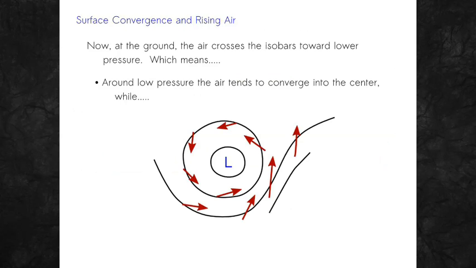Okay, so let's pay a little bit more attention to this divergence and convergence thing. So again, at the ground, where we have friction, if you have a low center, the winds are going to be converging into the low a little bit. Right? They're crossing towards lower pressure, converging into the low center. And if you have a high, it's going to be exactly the opposite.